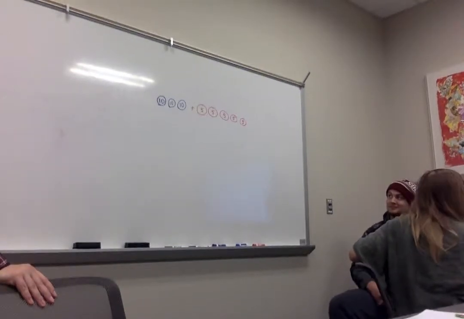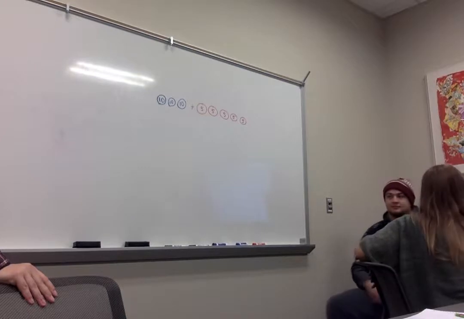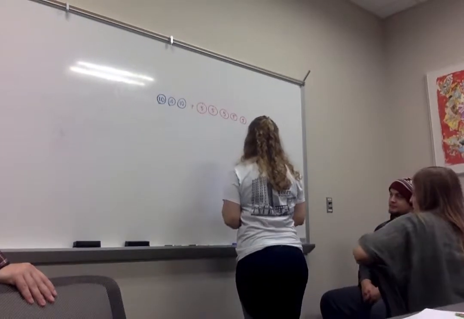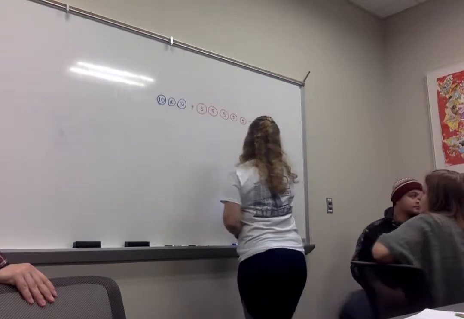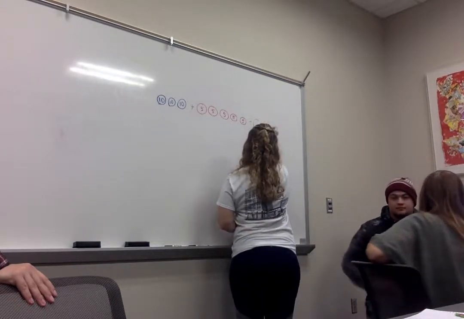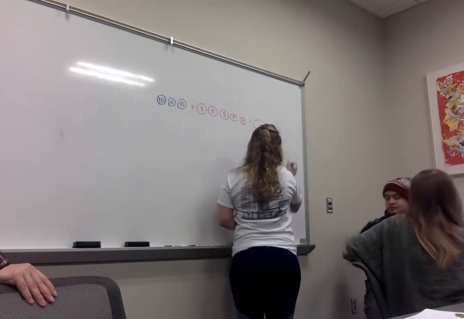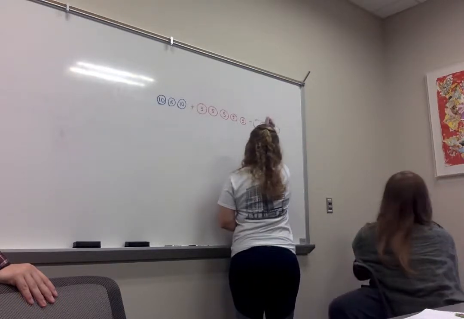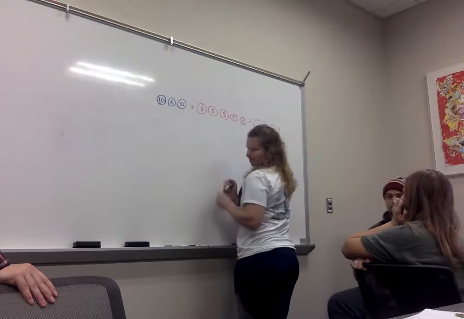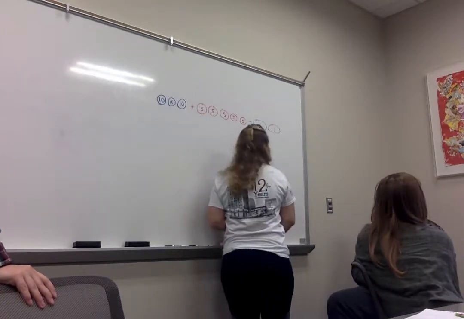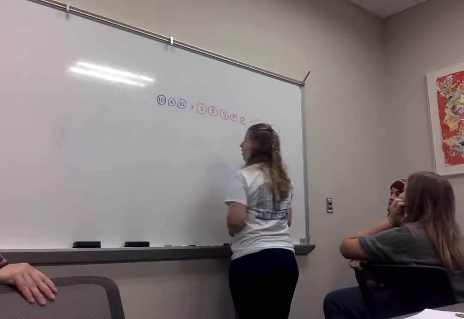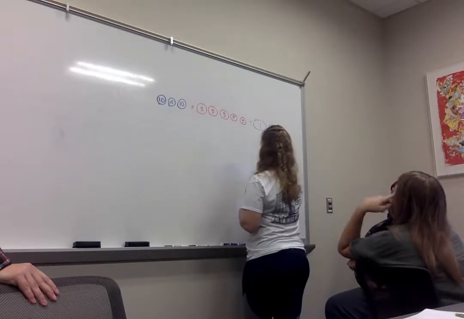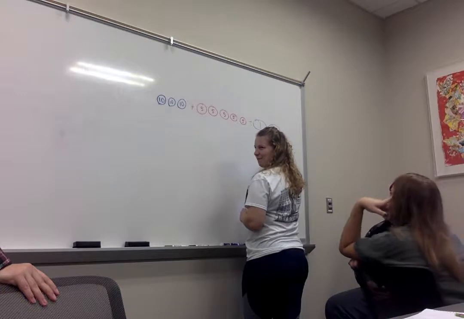Okay, Laura. What do we put after the nickels? Plus. Yes, exactly. What do we put in the middle? 1. Yes, exactly. And what goes after the pennies, Laura? Yes. And what is that also called? Yes. Good job.